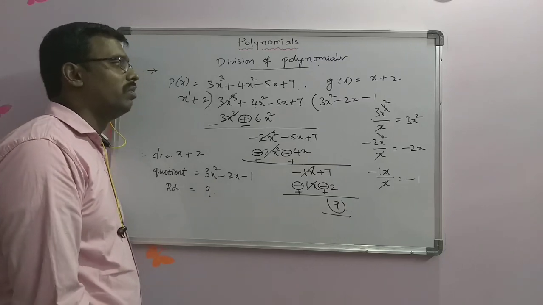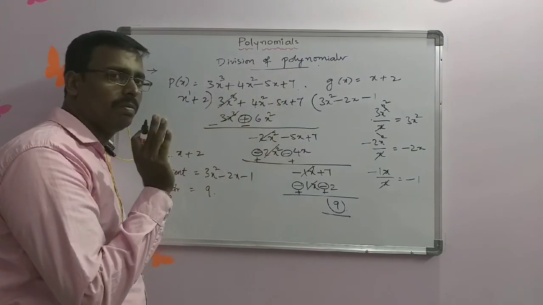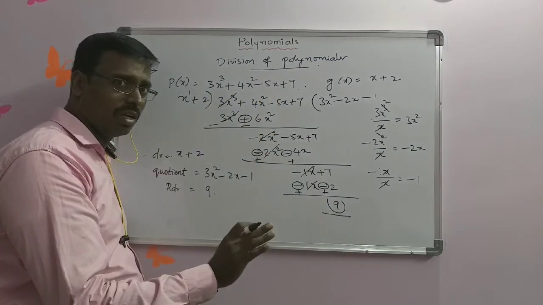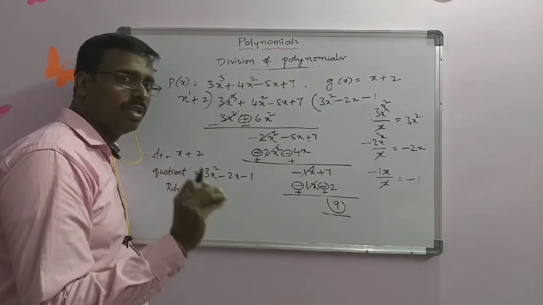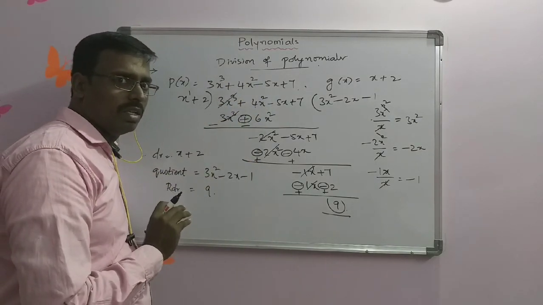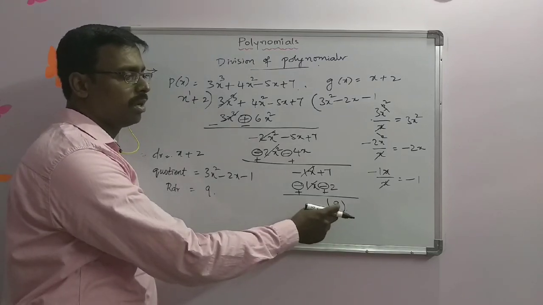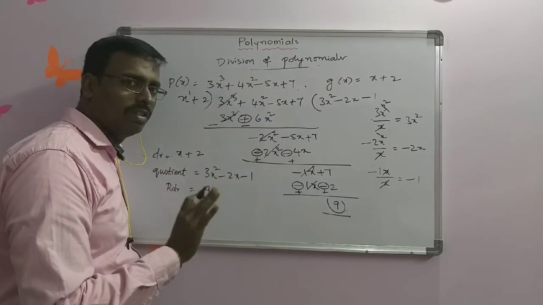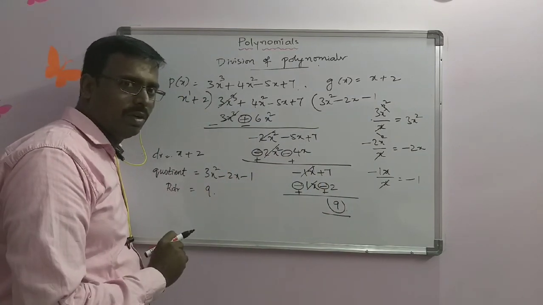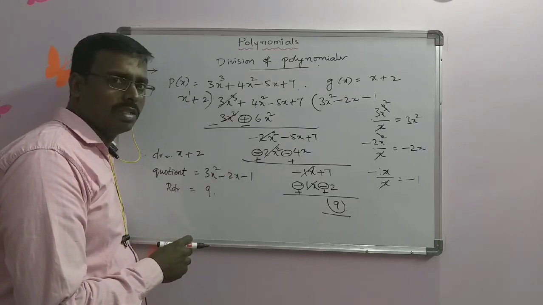Again I am repeating: the terms should be arranged in descending order of degree. Second, if any term is missing, you have to put 0 in place of that. Then, when to stop the division? If the degree of the remainder becomes lesser than the degree of your divisor, the division should be stopped there. So this is division of polynomials with an example.